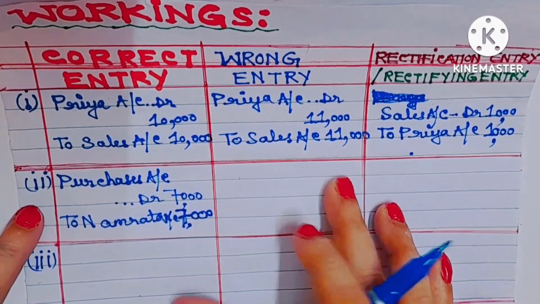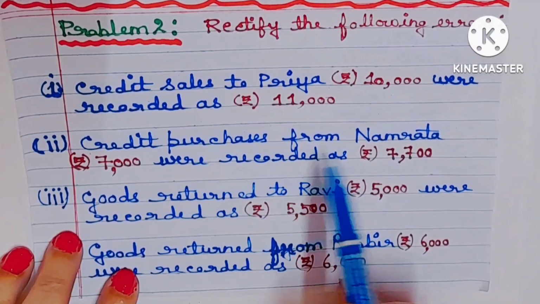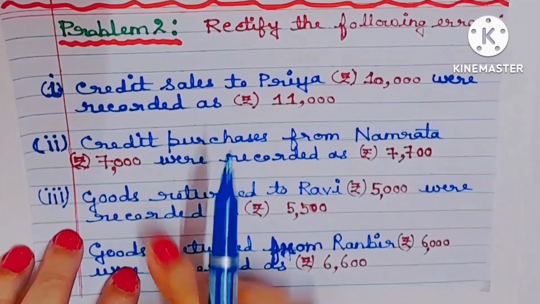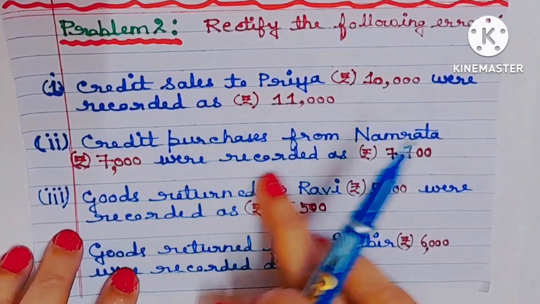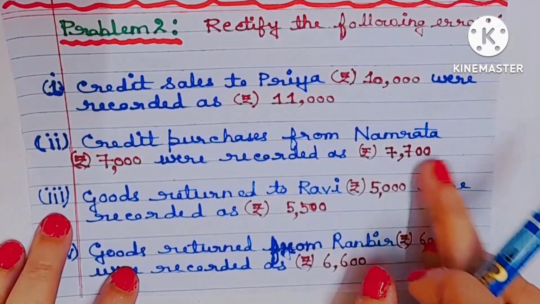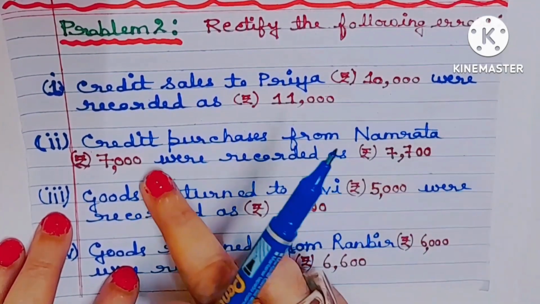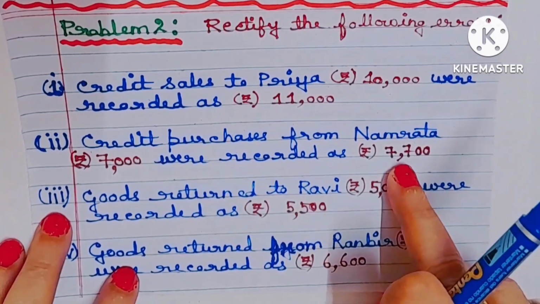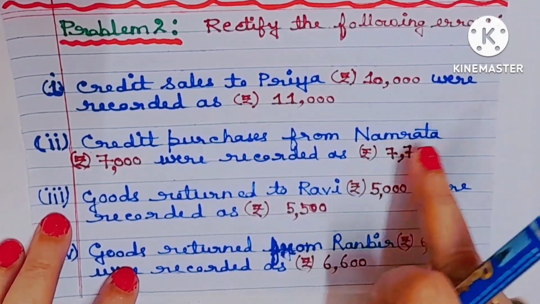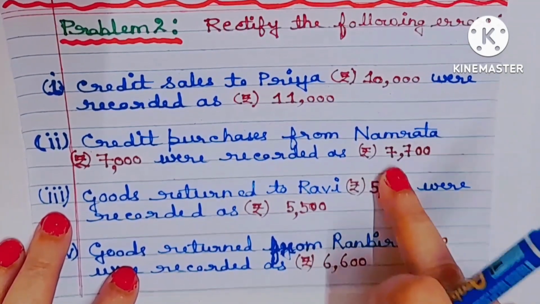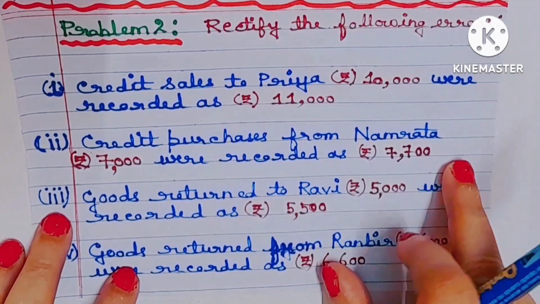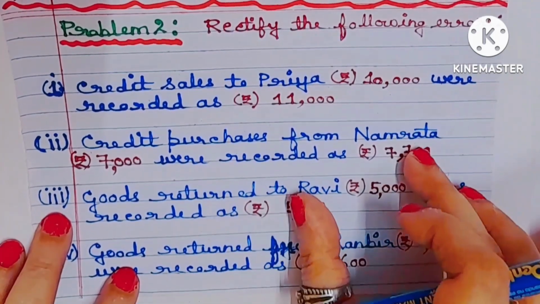Now let's see the wrong part. Credit purchases from Namrata rupees 7000. This is the correct part till here. Wo recorded as rupees 7700. So the journal entry will be same. But instead of 7000, we'll write 7700. So purchases account debit to Namrata account 7700. So let's write. This is the wrong entry.